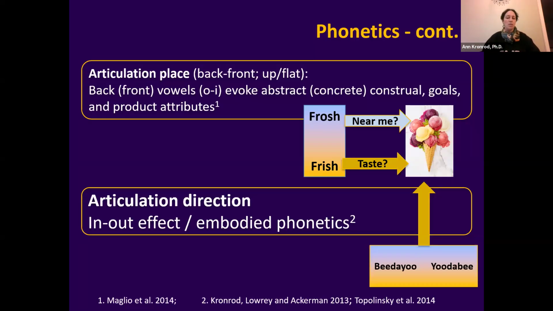But this is an effect that we find in marketing, in our experiments. It is explained by the way our body helps us understand the world through embodiment, and embodiment of sounds, for example, is one of those ways. And this is about phonetics.